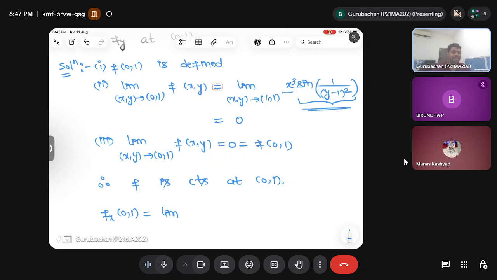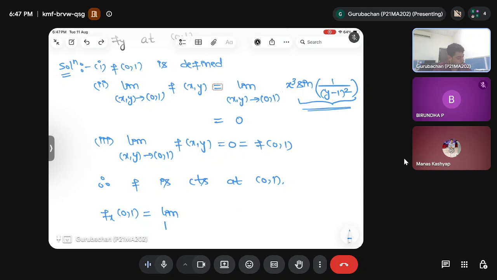It can be anything between minus 1 and 1, any number you cannot predict, so the limit will not be unique, as we have discussed in the previous class. So the benefit here is that it is going to 0. That's all the benefit this limit is getting, and that's why this exists.